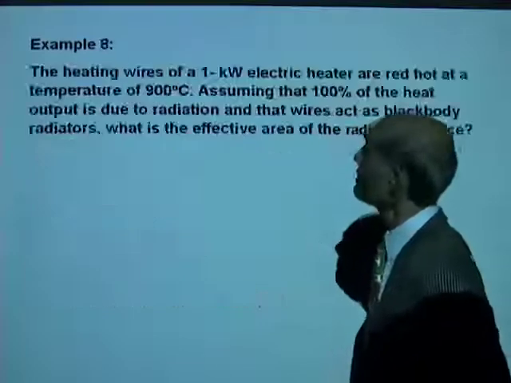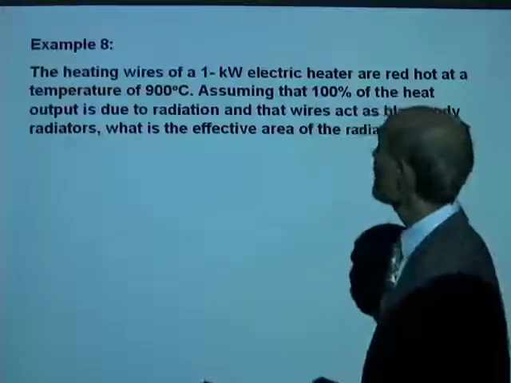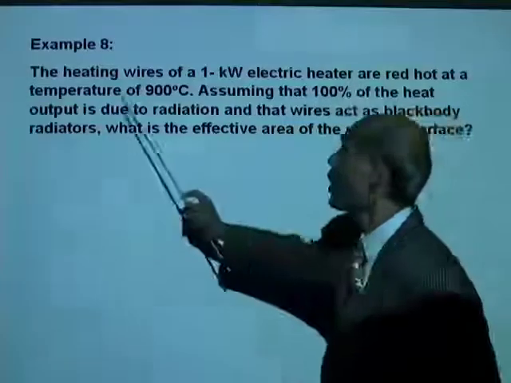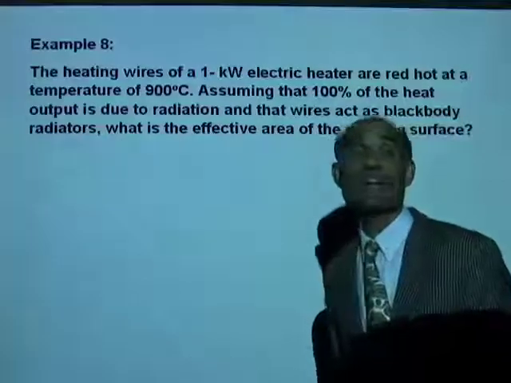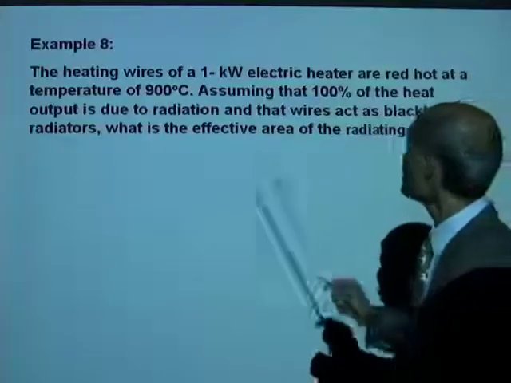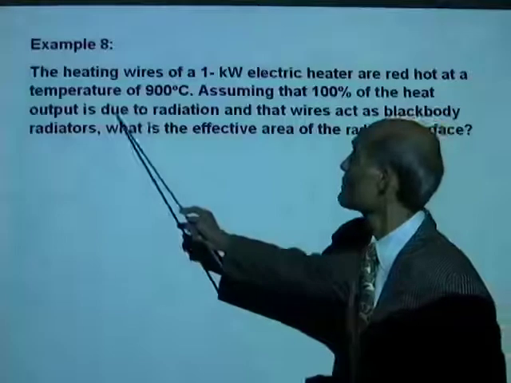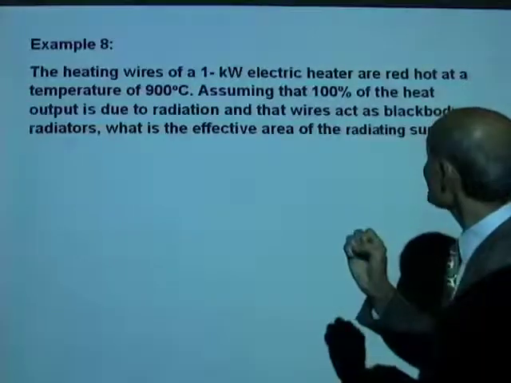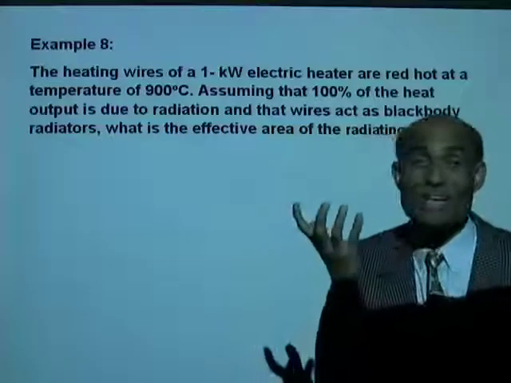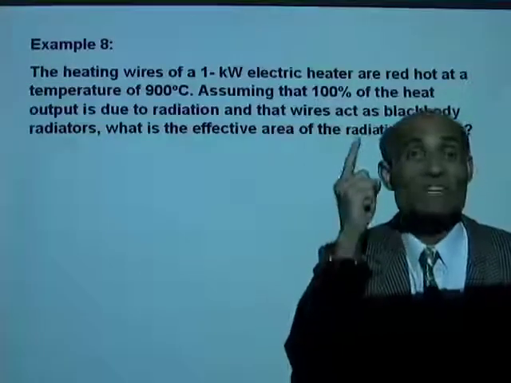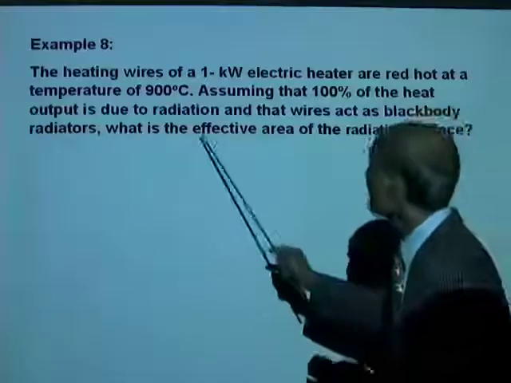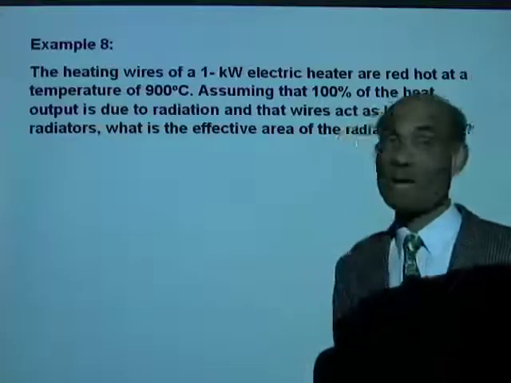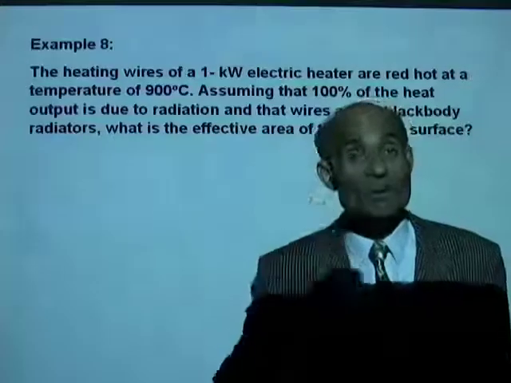Okay, let's do another one. The heating wires of a 1 kilowatt electric heater are red hot at a temperature of 900 degrees Celsius. Assuming that 100% of the heat output is due to radiation and that the wires act as black body radiators, it means the value of E equal to 1. What is the effective area of the radiating surface? Well, we need to find A, the area of the surface.